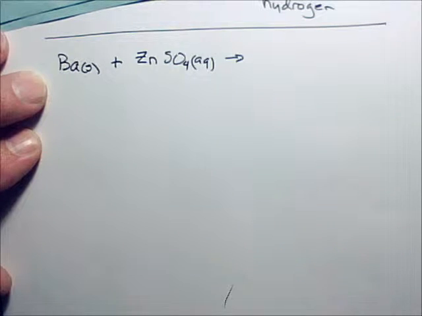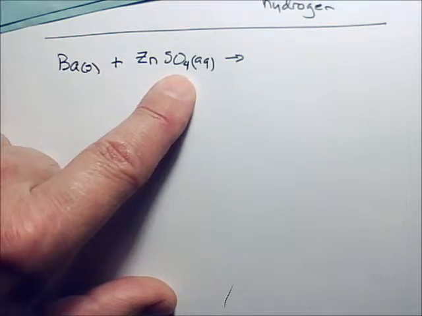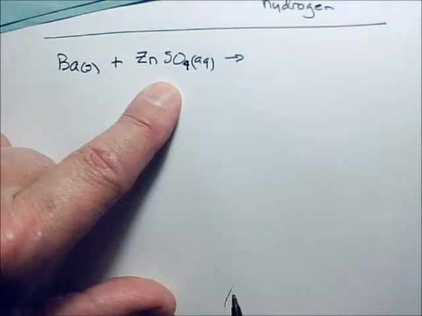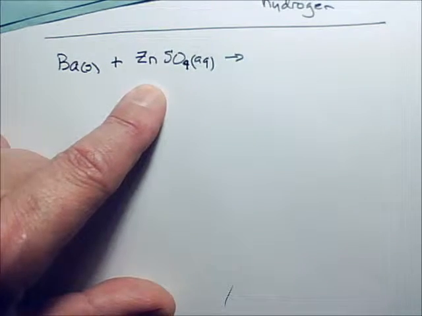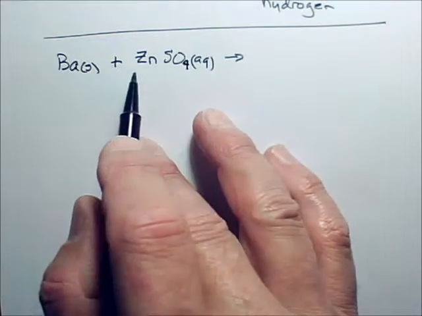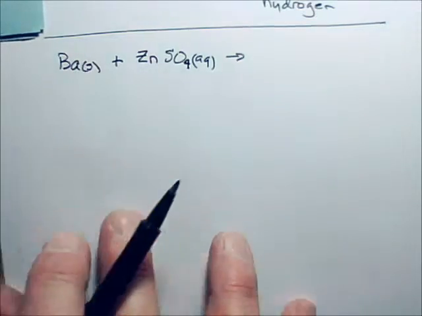And you have to predict the products. Sulfate is SO4. That is the letter S. Yes, letter S. Sulfate is SO4. Okay? So we need to know about these two elements here, barium and zinc.